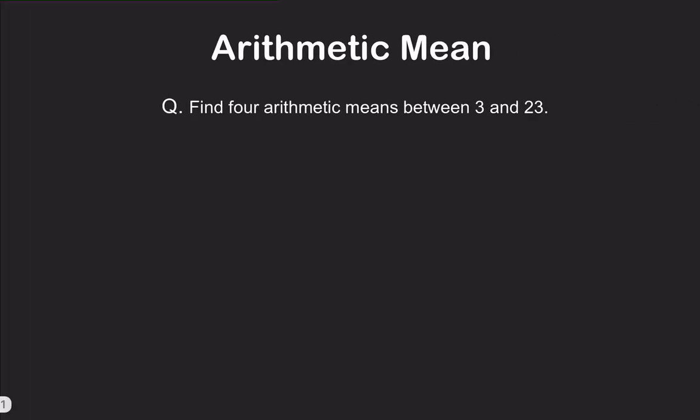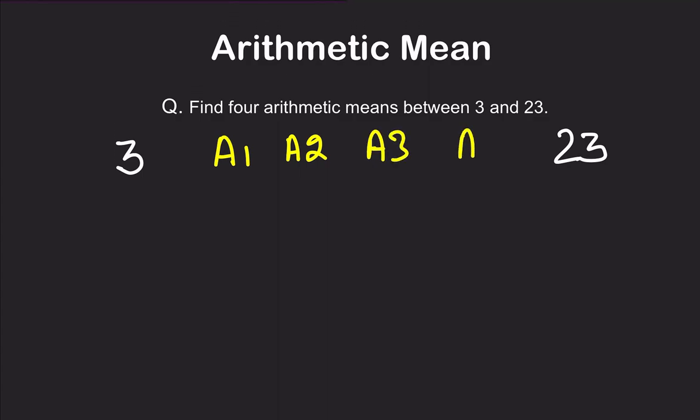Now the next question, a more advanced one: there are two numbers given to you, 3 and 23. Now instead of one arithmetic mean, they are asking you, give me four arithmetic means between these, A1, A2, A3, A4. I need four arithmetic means, not one, not two, but four. Now, how to calculate all these arithmetic means?